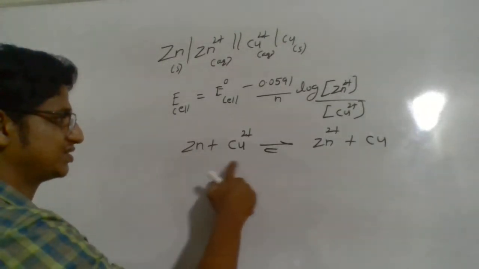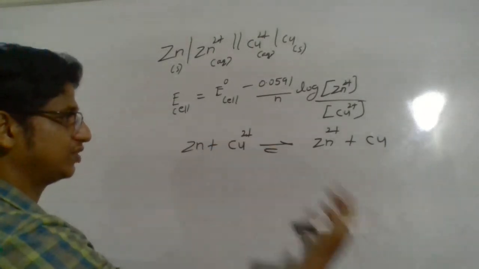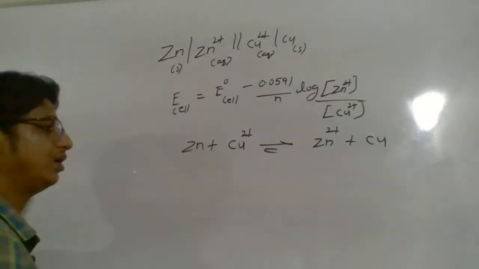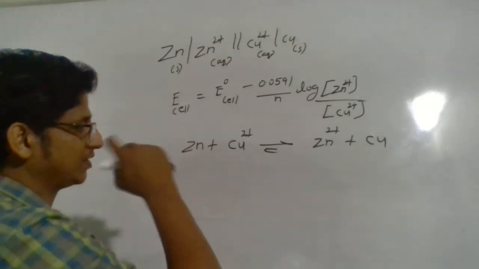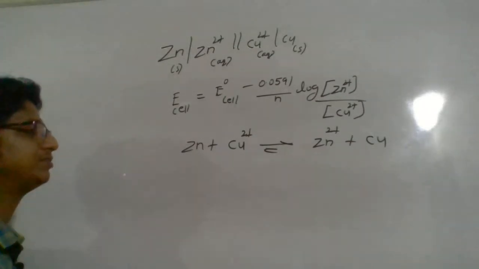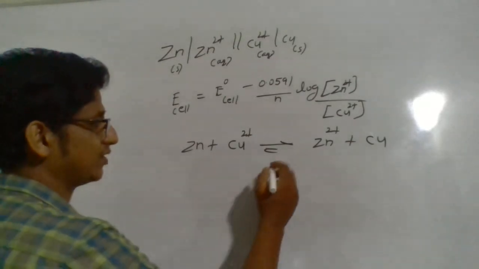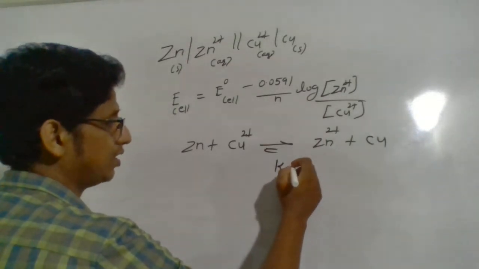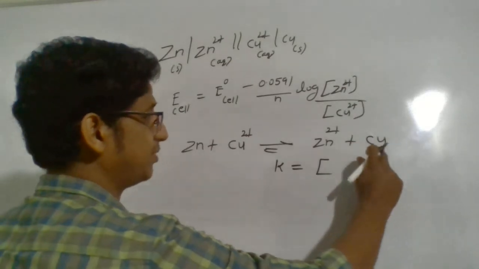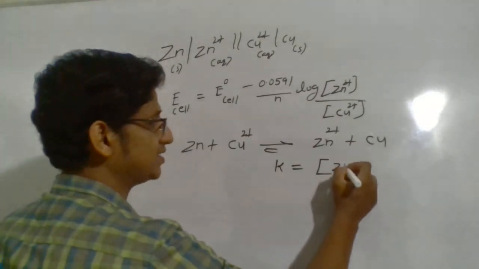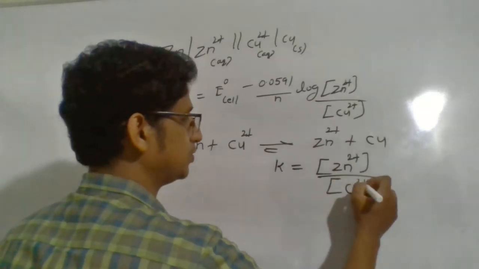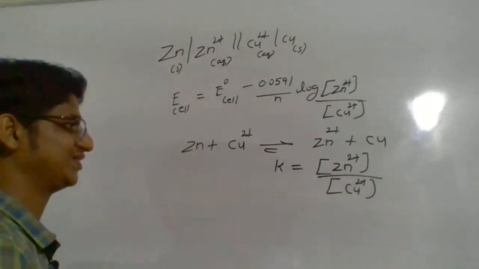A state will be reached where there is no more production of Zn2+ and no more reduction of Cu2+. That's the equilibrium state, where you can have an equilibrium constant equation. K is equal to concentration of product over reactant. The concentration of metal we take as unity, so it is just the concentration of Zn2+ divided by the concentration of Cu2+. That's how you can represent the equilibrium constant.